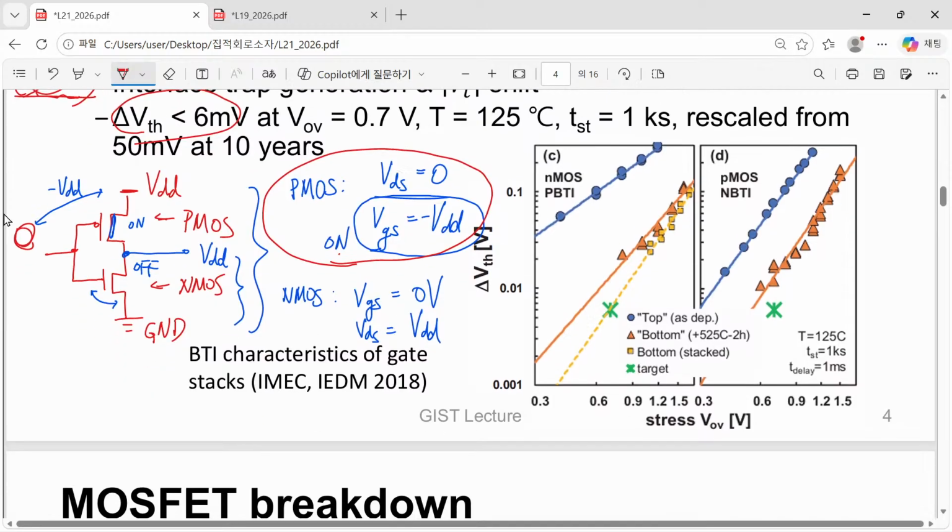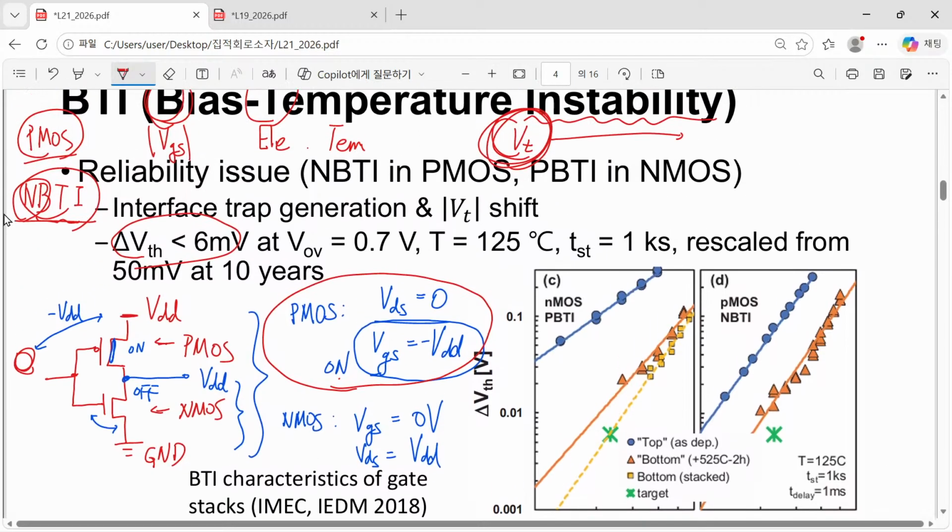So what we do is just to test, for example, in this case, at elevated temperature with 1000 seconds. 1000 seconds means just 16 minutes, and they test this device by applying here OV, which means overdrive voltage, the voltage beyond the threshold voltage.